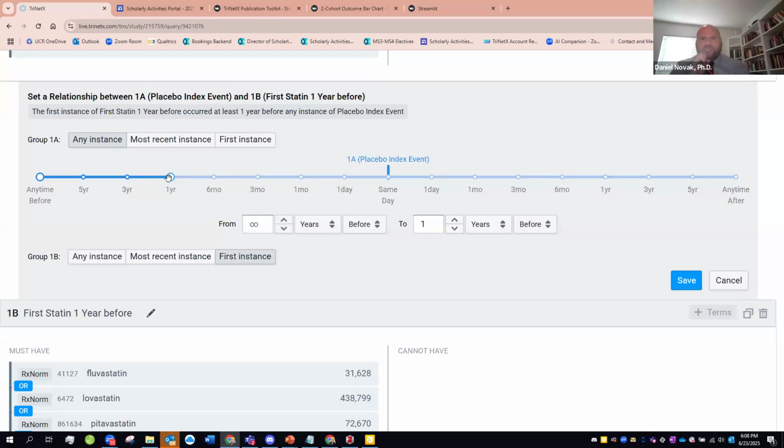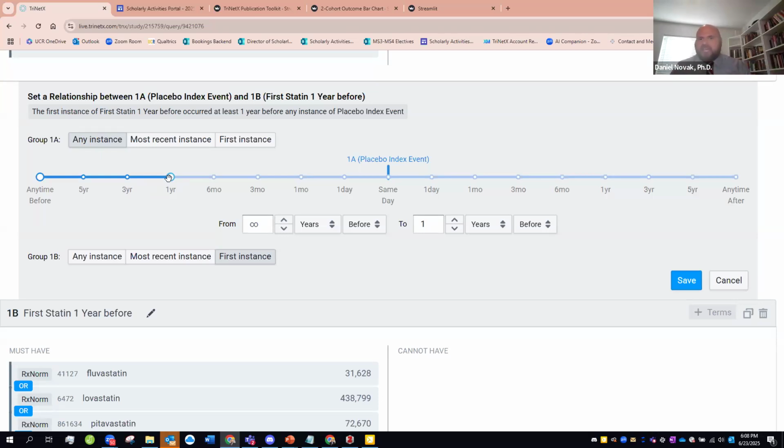And the reason this is so useful is you have all sorts of occasions in your studies, I know from people working on them over time, about relationships of diagnosis and medication prescription, or how long between one fracture and surgery for that fracture, days, weeks, months.